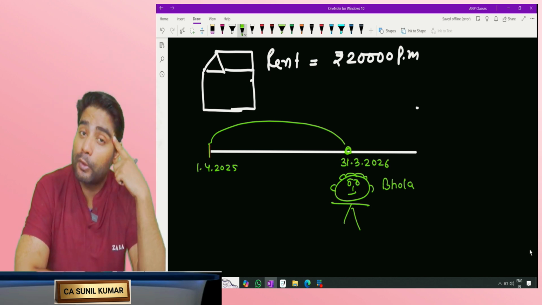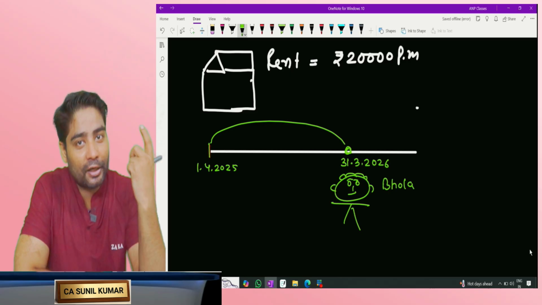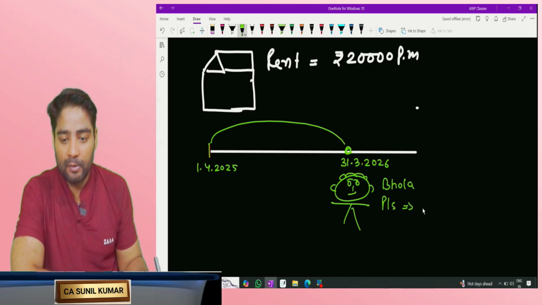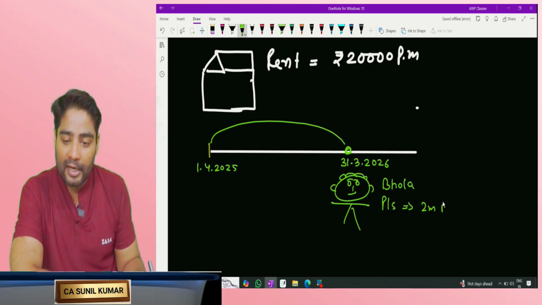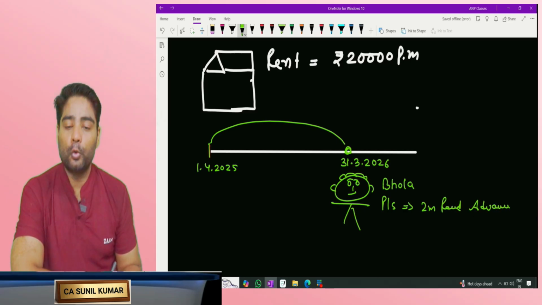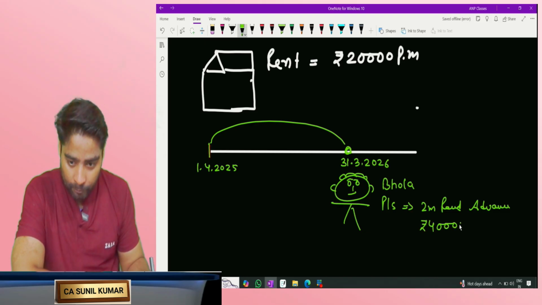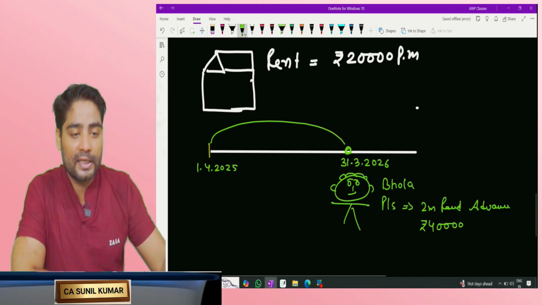But I'm in a little bit of situation. I need urgent money. So can you please pay me 2 month rent advance? That will be rupees 40,000. So for what month he is asking me?